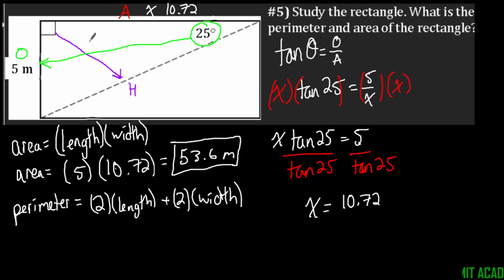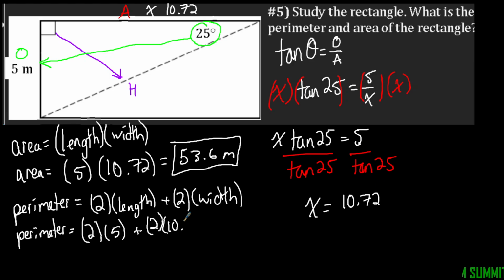As long as you pick one of the sides and you don't use it twice, that will be okay. So for perimeter, I'm going to say it's going to be 2 times 5, plus 2 times 10.72. So let's type that in.